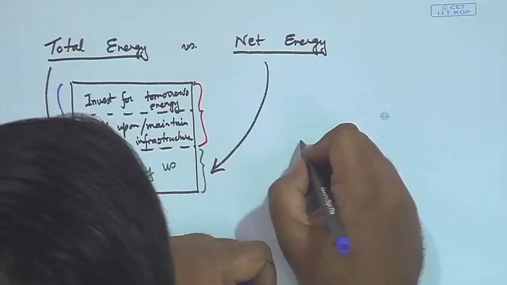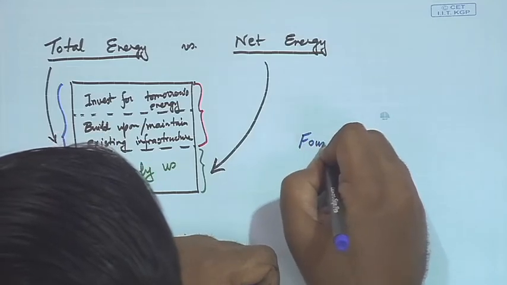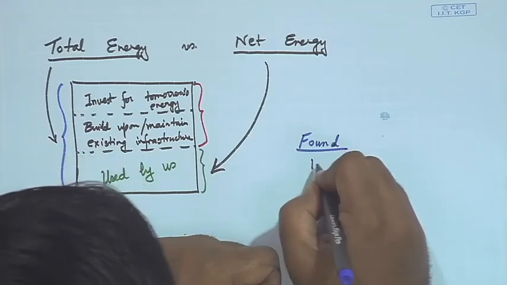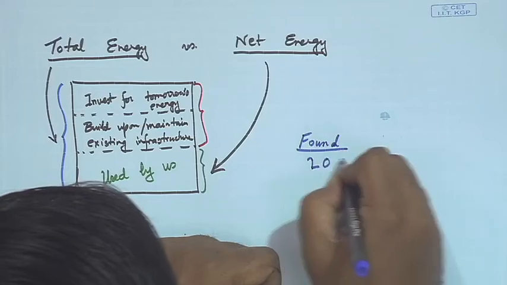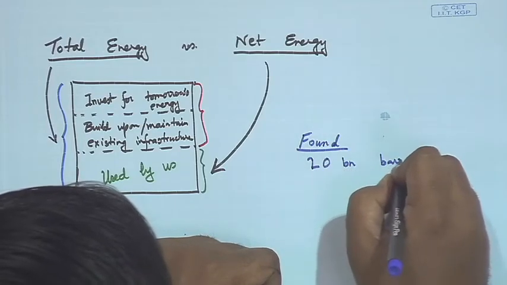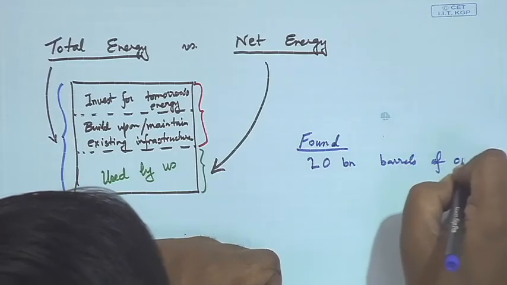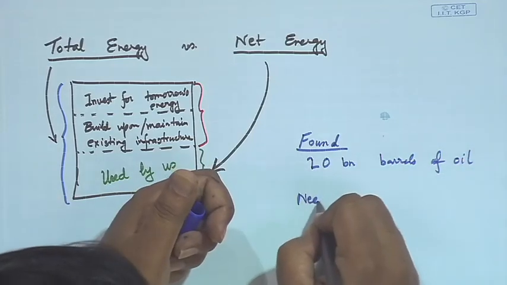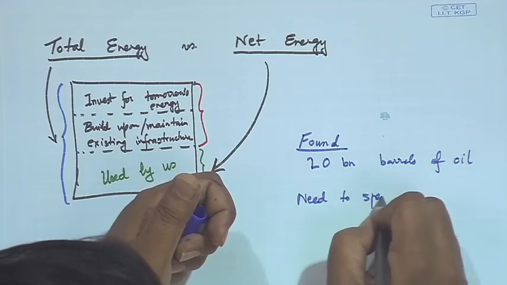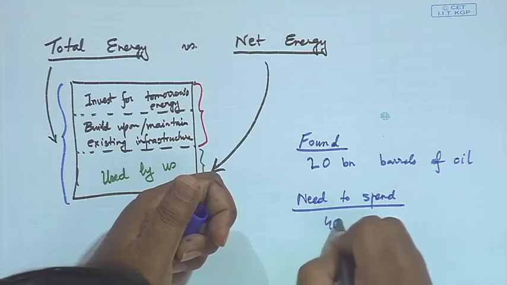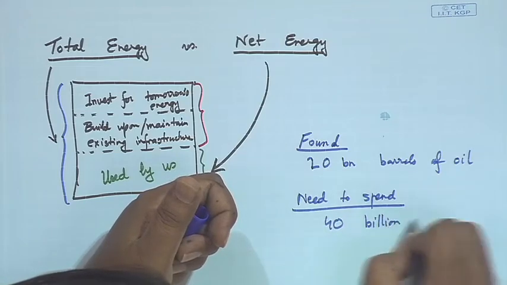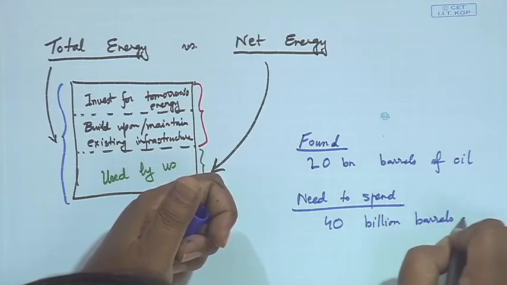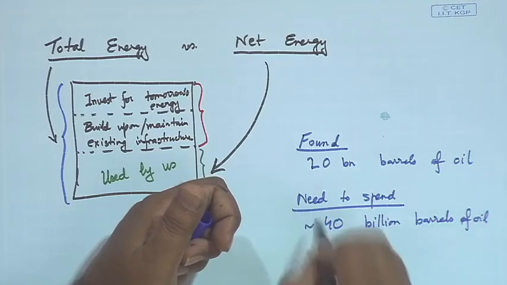Okay. So, again let us write down this hypothetical situation. I found 20 billion barrels of oil, but need to spend 40 billion barrels of oil, or equivalent of.